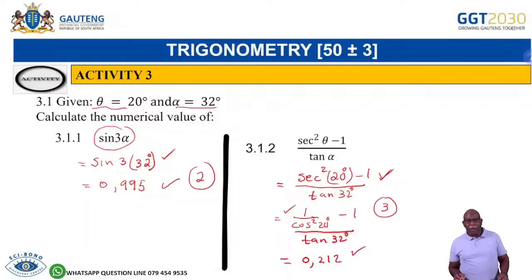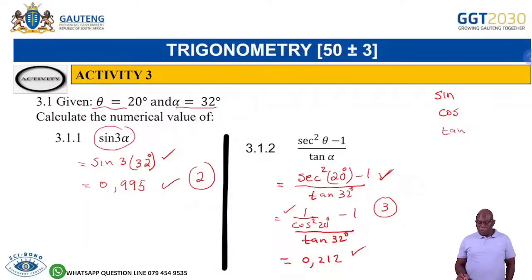Alright. Remember your sine, your cos, and your tangent. So this you must know, please. Now, these are angles. And you must know that one, it's cosec. The reciprocal of that, it's cosec. And the reciprocal of that, it's sec.